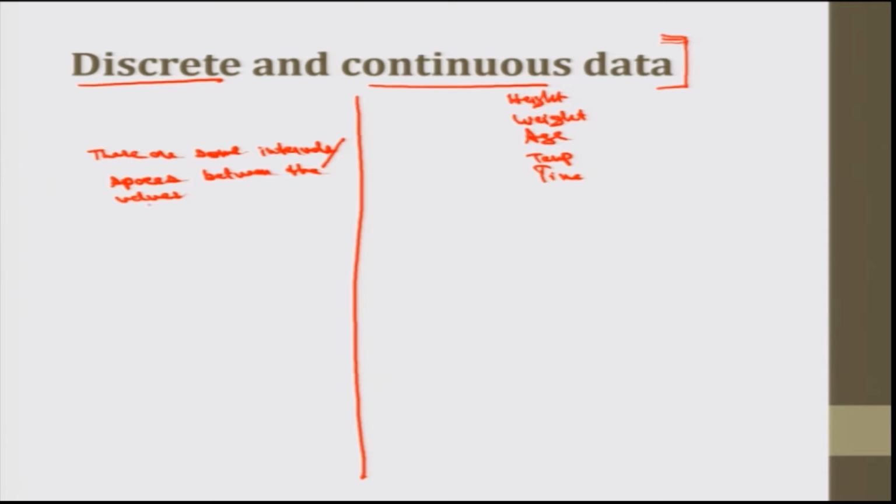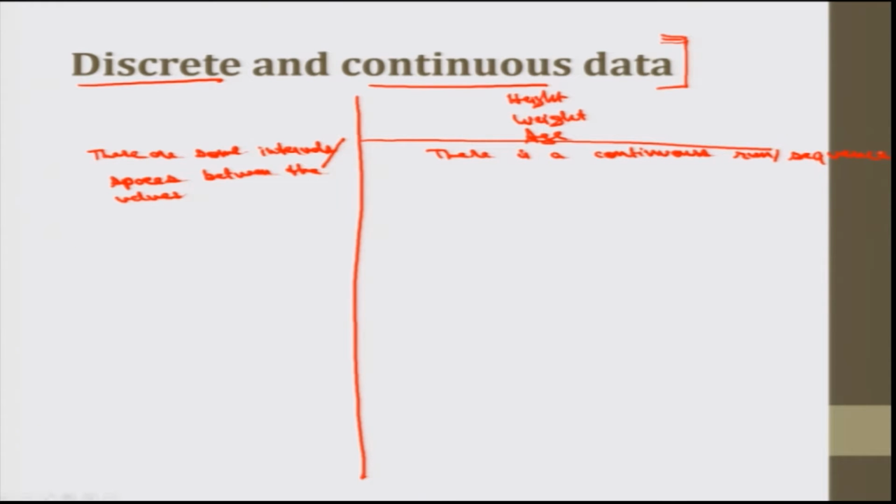In continuous data, the data falls on a continuous sequence. There is a continuous run or sequence.